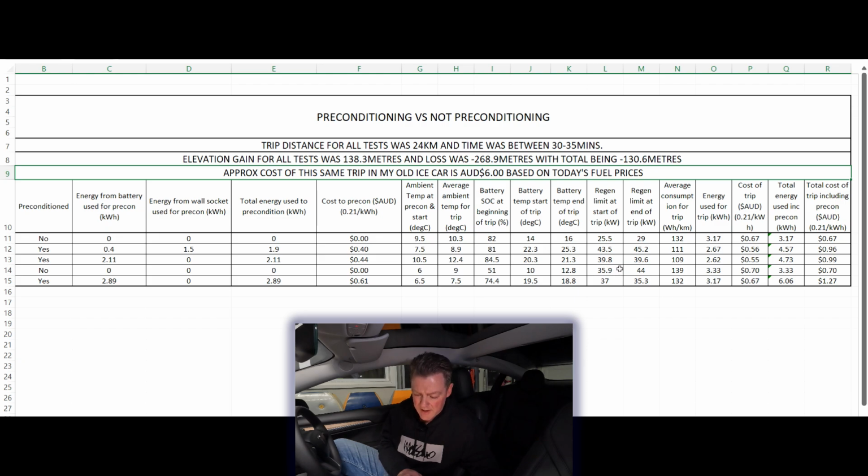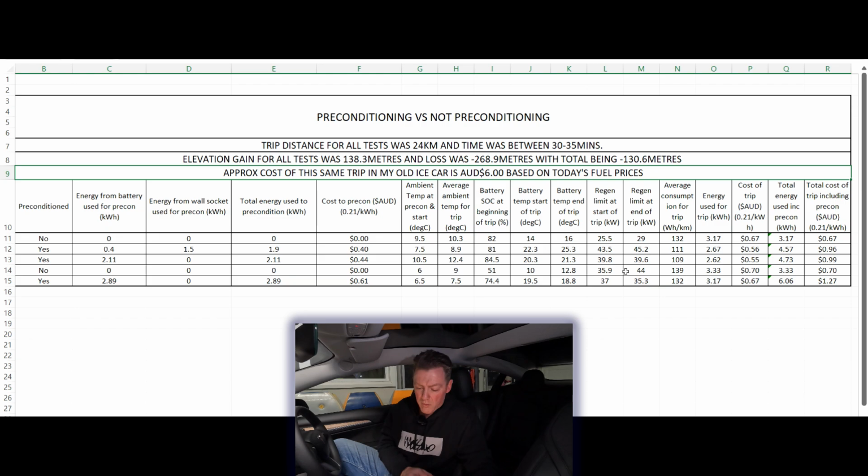But going down a prolonged downhill slope, that is going to drop dramatically compared to a warm battery at 20 degrees. That 39.8 doesn't decrease as quickly on a long descent. That 35.9 dropped down to 10 kilowatts very fast going down a prolonged downhill.